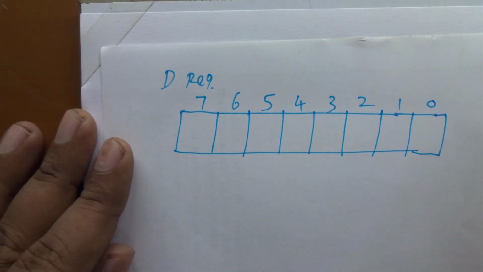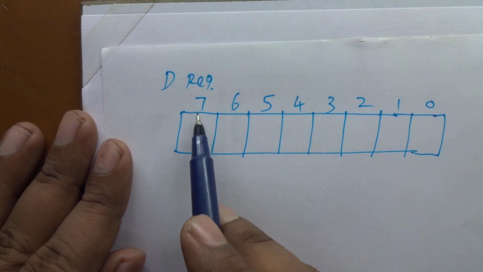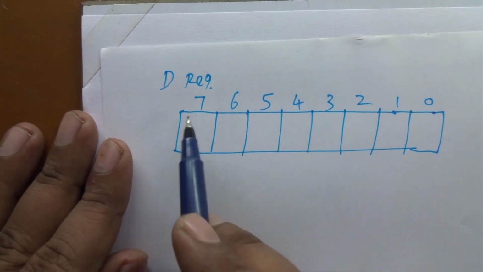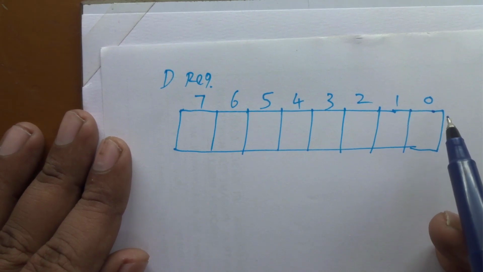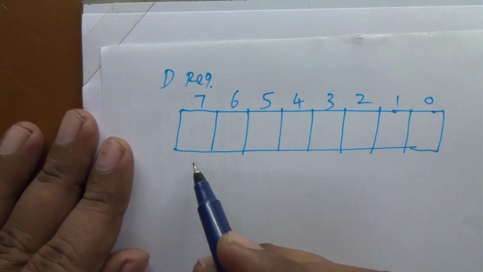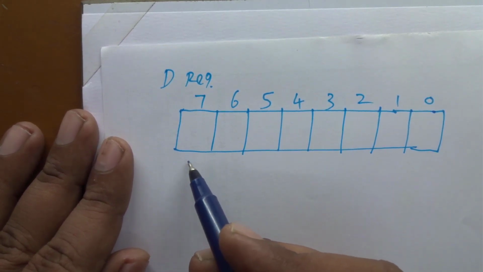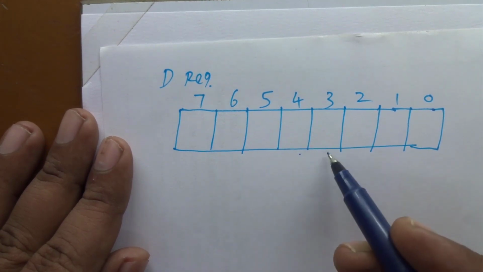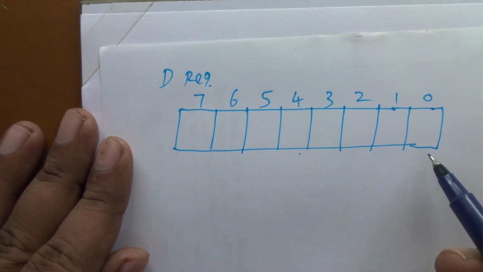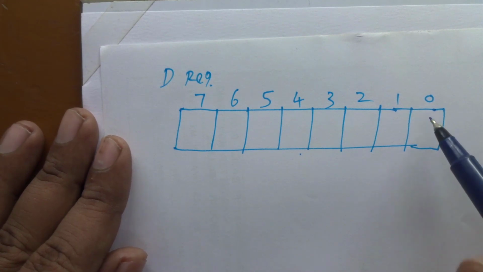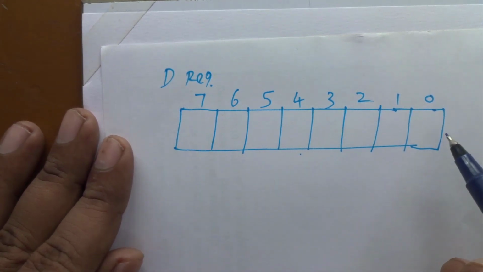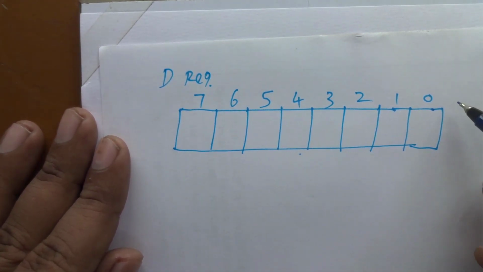You can ask a question: why are we writing these bit positions in reverse order? Generally, we should mention the bits as 0, 1, 2, 3, 4, 5, 6, 7. But in digital, we mention them in reverse order. This is called Little Endian format.